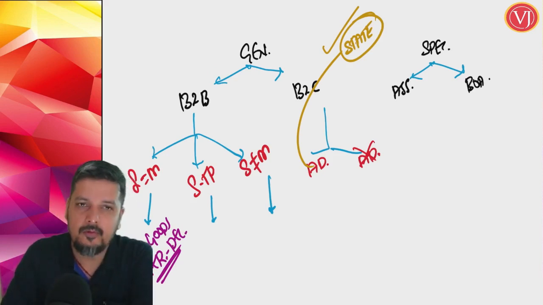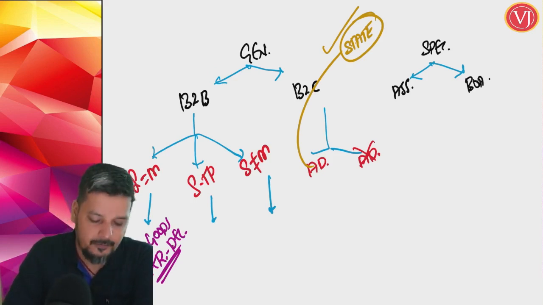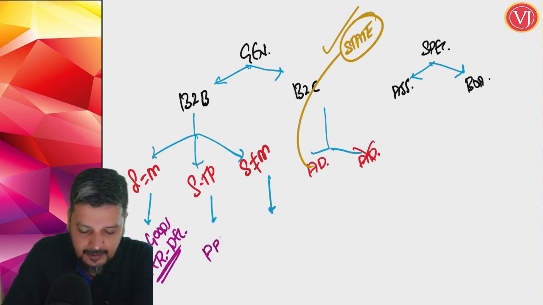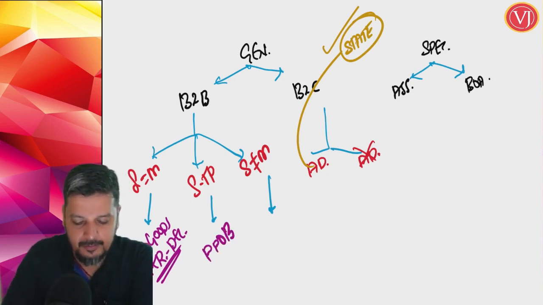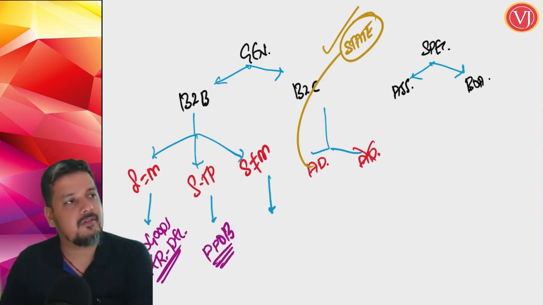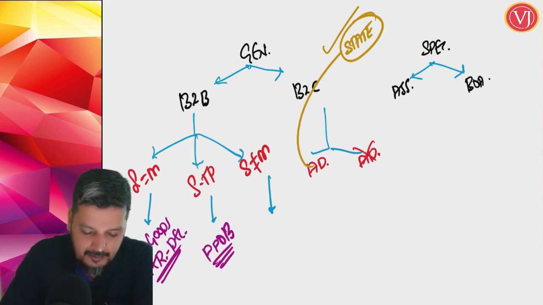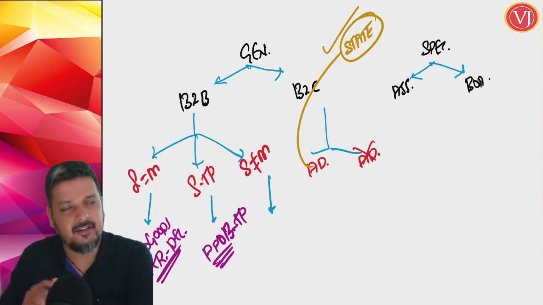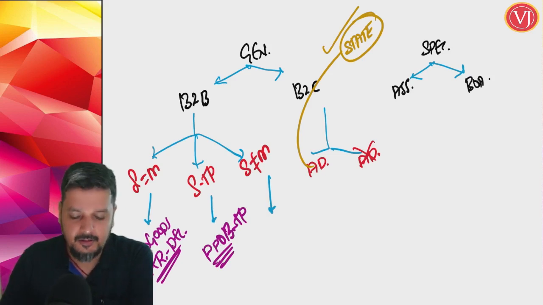Where it is to a third person, where 3 persons are involved, place of supply is the principal place of business of the third person. We'll understand it.